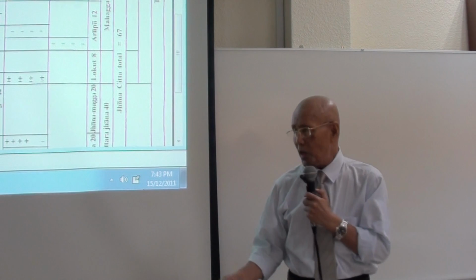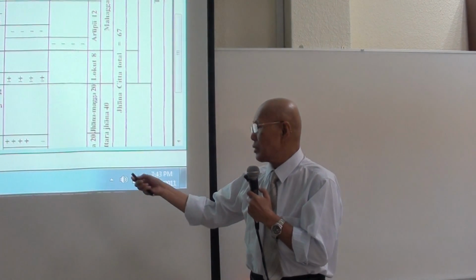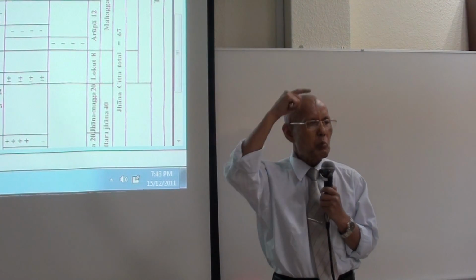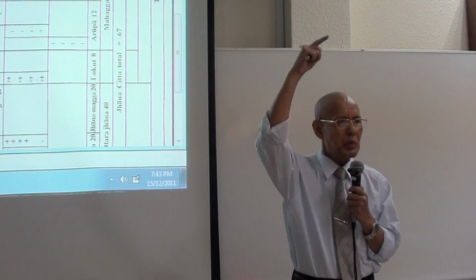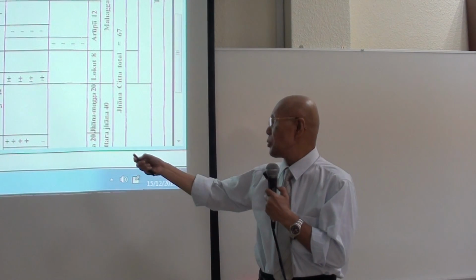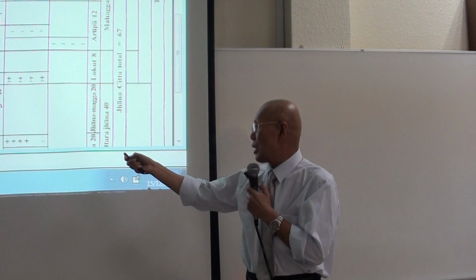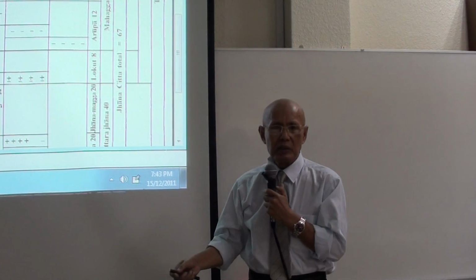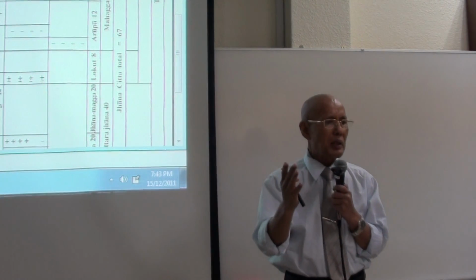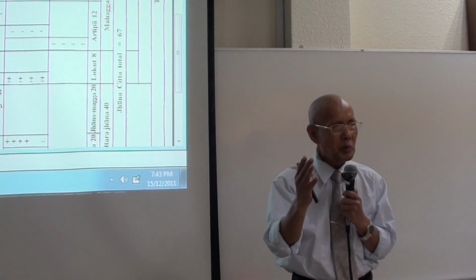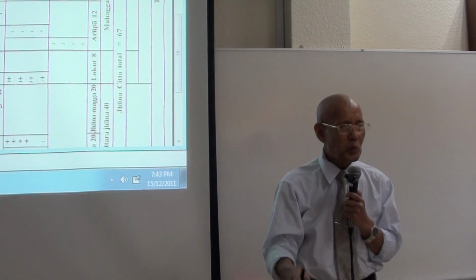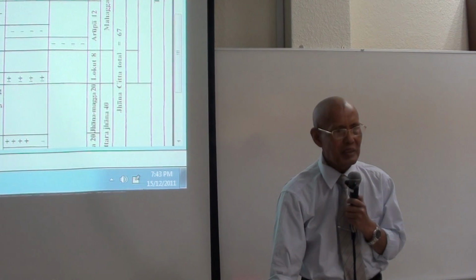As you go up to the arupa jhana, it becomes more and more refined, more and more subtle. When we come to the fourth arupa jhana, nevasannanasannayatana jhana, even the jhana itself is not distinct anymore. So it is called nevasannanasannayatana jhana.